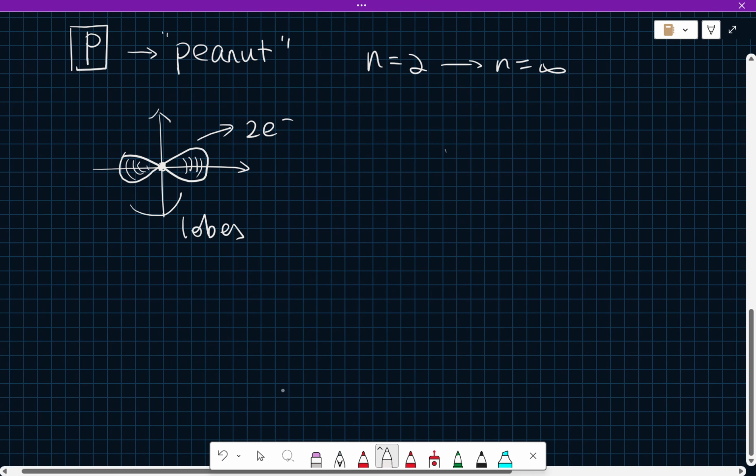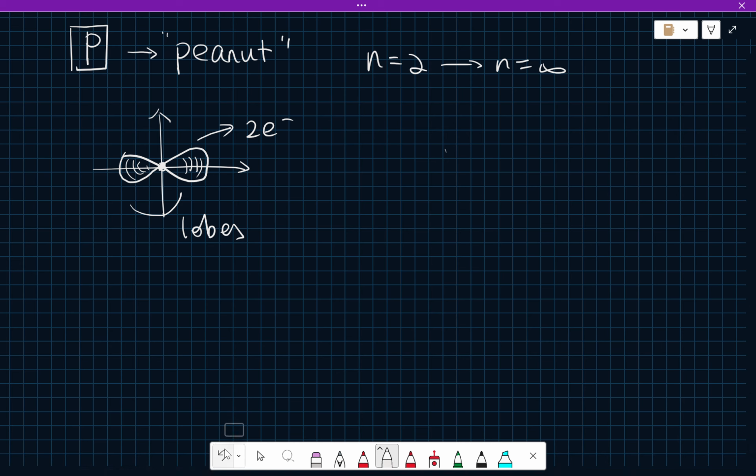And based on how we orient this p orbital, we will actually have 3 different configurations: x, y, z. We would have the px orbital, which is two lobes on the x dimension, the py orbital, which is on the y dimension, and finally we would have the pz orbital, which is on the z-axis.